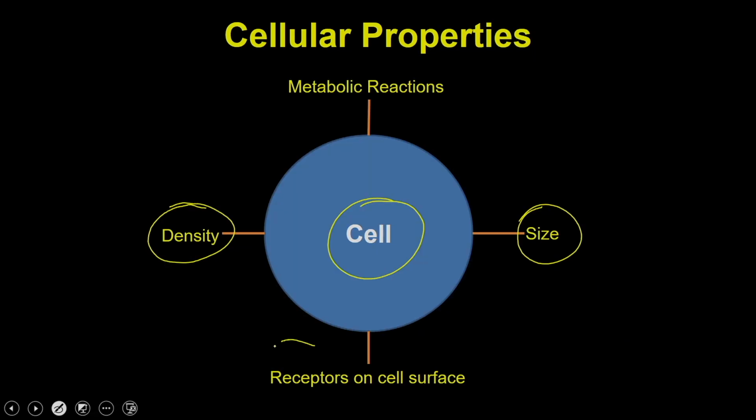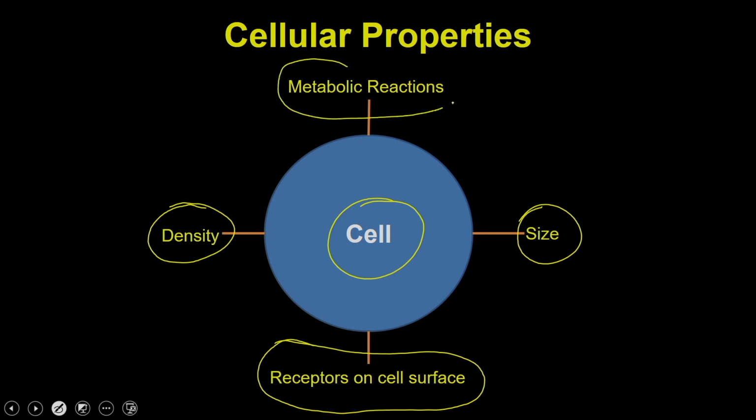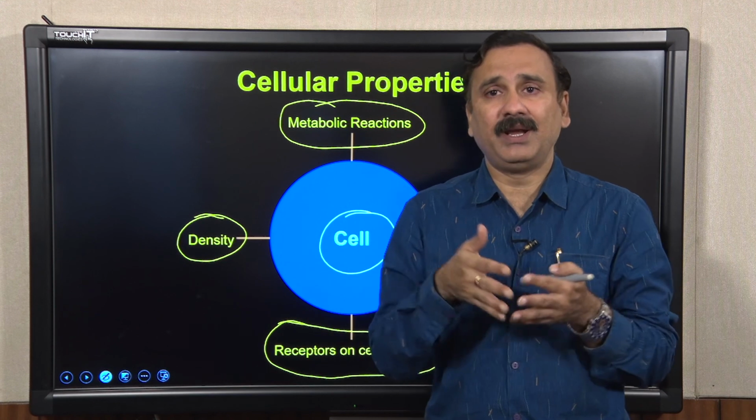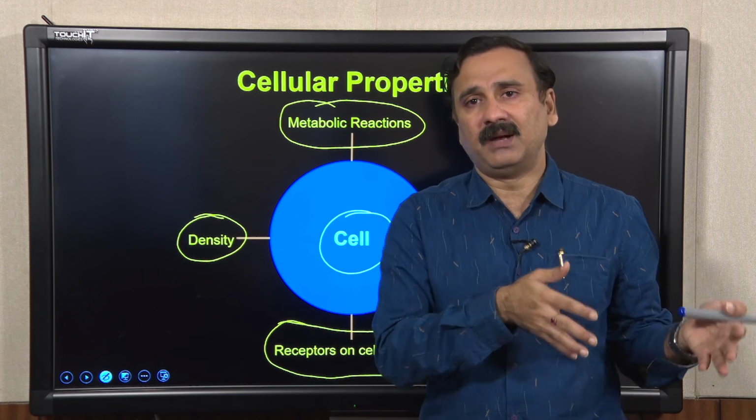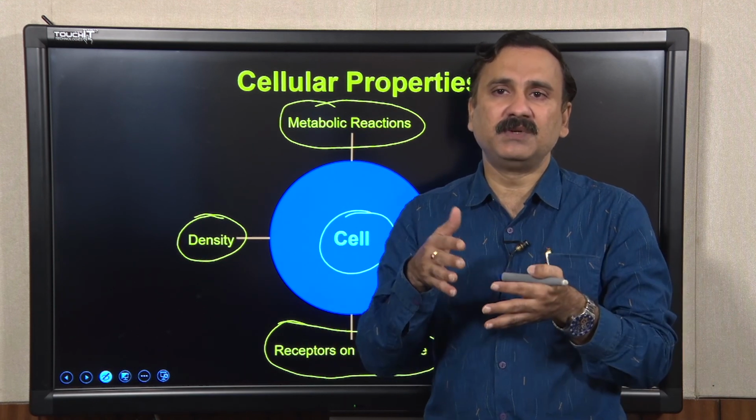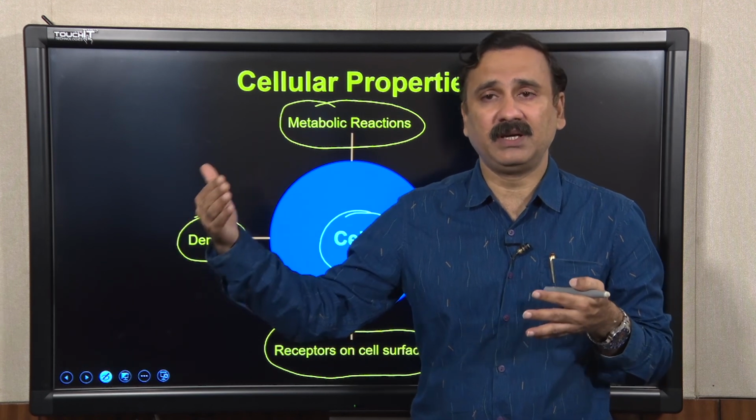And then you can also have different types of receptors on the cell surface, and that also can be a criterion to distinguish one cell from another cell. And then at the end, different types of cells may also have differential metabolic behaviors or metabolic reactions. For example, in some cells you might have reactions responsible for production of free radicals.